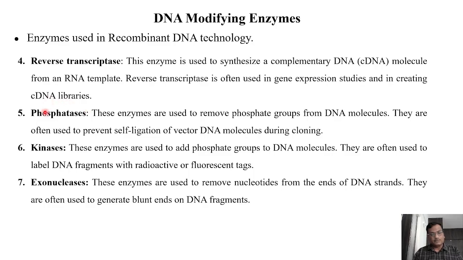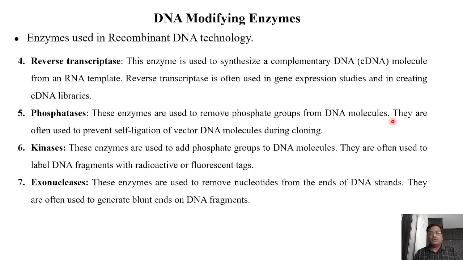And phosphatases. These enzymes are used to remove phosphate group from DNA molecules. They are often used to prevent self-ligation of vector DNA molecules during cloning. So we extract vectors from different sources of bacteria.